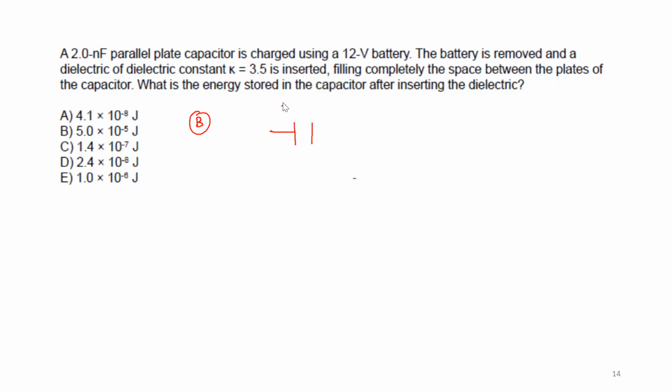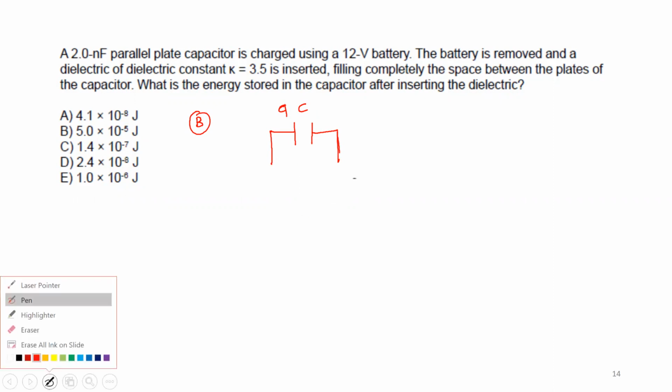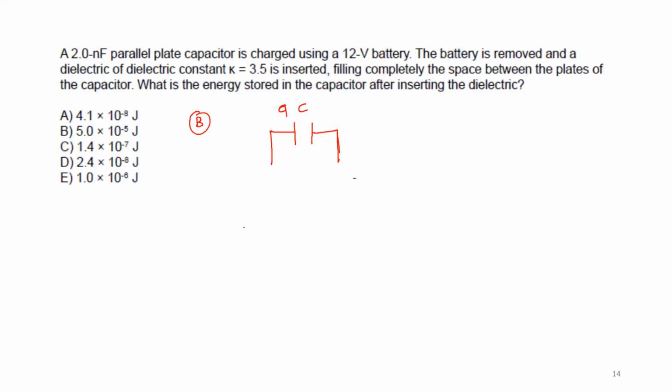It has a charge Q. It has a capacitance C. Now I want to see, it's fully charged. Now I want to see the effect of inserting a dielectric when no battery is connected to it.